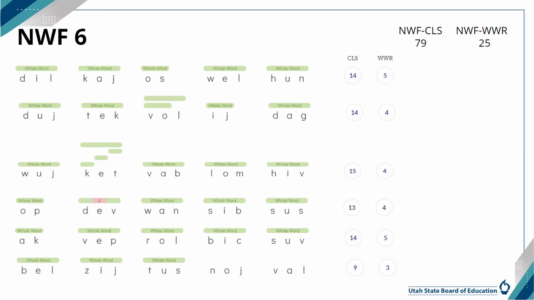It does take some practice and getting used to activating that next bar. Sometimes that's one of the biggest barriers: they just forget to activate it and then they're like, why isn't it scoring? Because you have to activate that next bar. So this training, I will be putting it on our USBE assessment YouTube page.